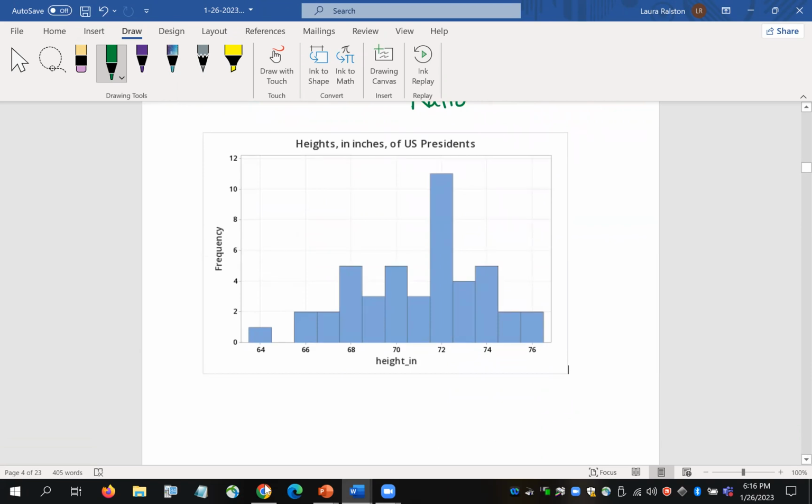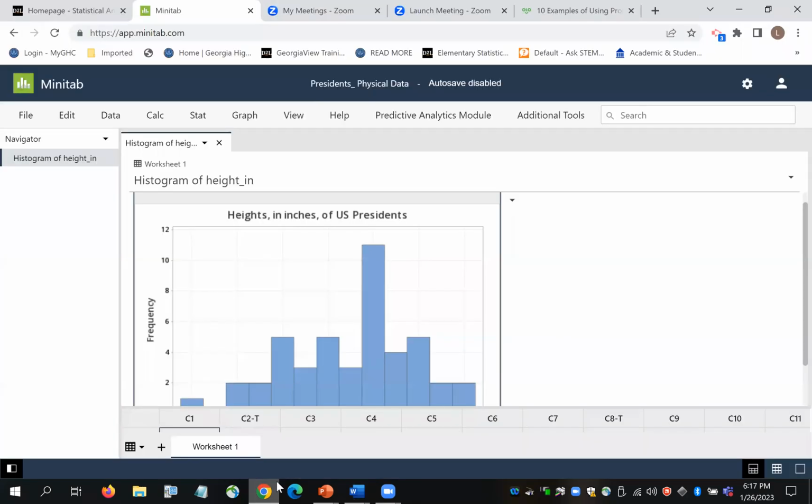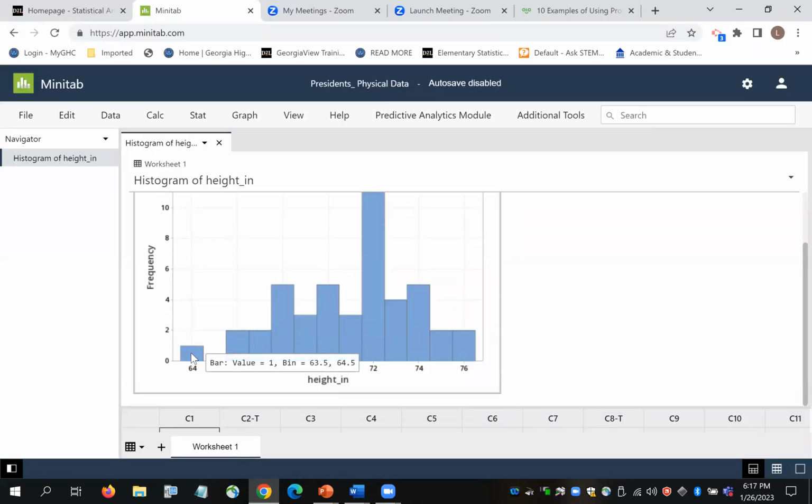Okay. And I may have to toggle back and forth, but we can say this histogram represents the heights in inches of the U.S. presidents. The heights in inches range from, and again, if I use the interactivity, I can see this first bar, the lowest value was 63.5.